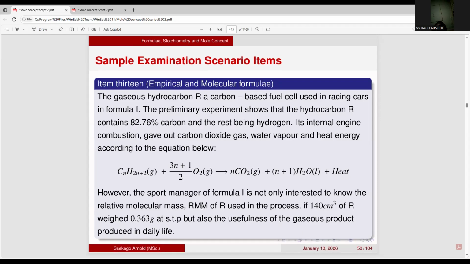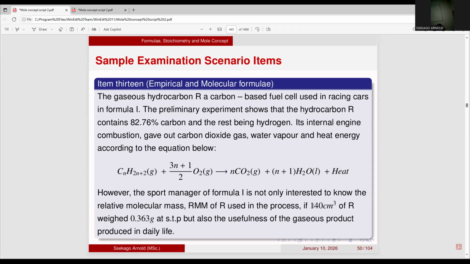It says that, however, the sports manager of Formula One is not only interested in knowing the RMM of R used in the process. If 140 centimeters cubed of R weighed 0.363 grams at STP.